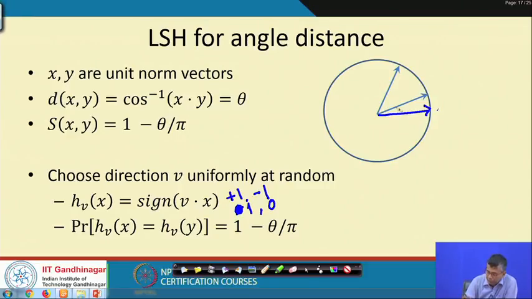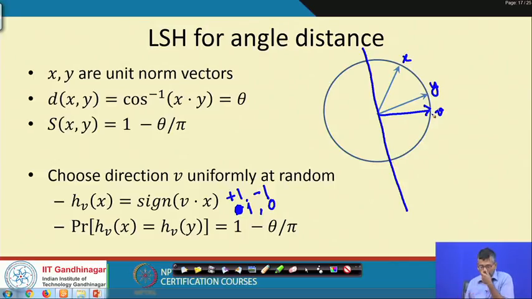If I take this blue vector, the sign of v dot x is nothing but taking the hyperplane that is orthogonal to this vector v and seeing which side of the hyperplane x falls in. One side is the positive side, the other side is the negative side.